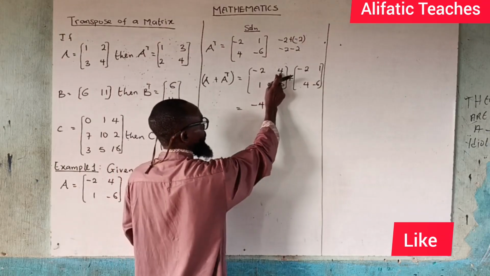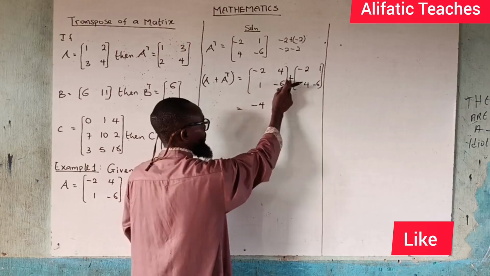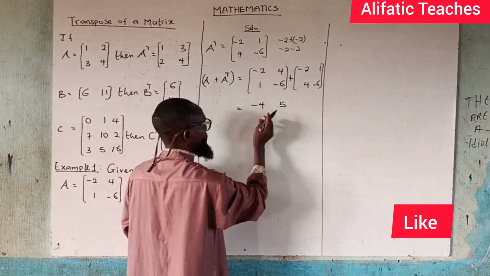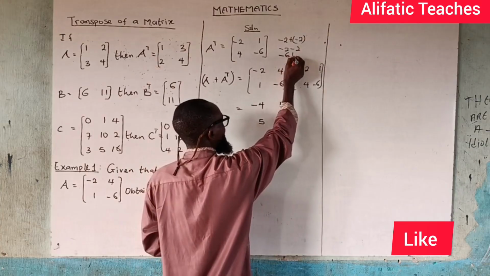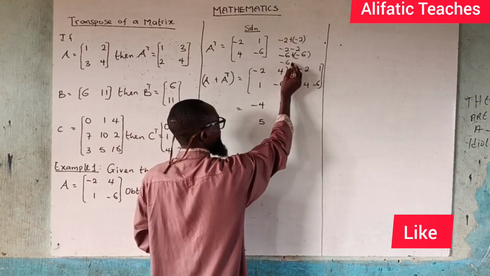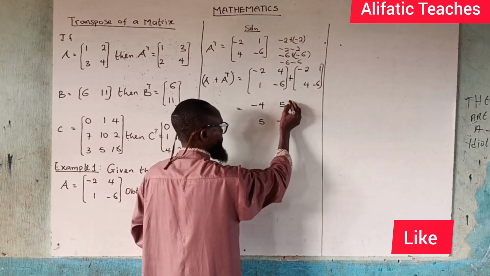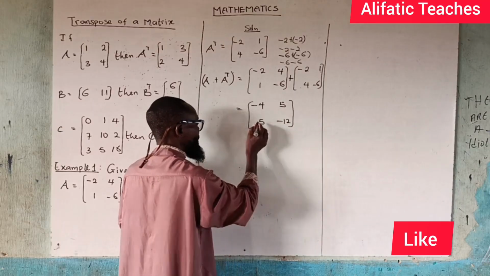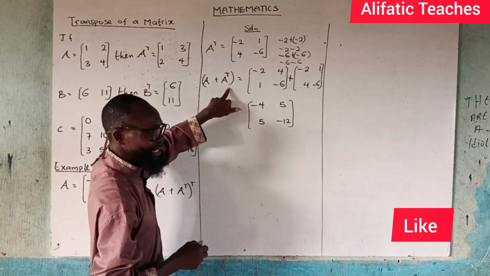Fine. 4 plus 1, 5. 1 plus 4, 5. Minus 6 plus minus 6. In brackets here, minus 6 plus minus 6. So minus 6 minus 6, minus 12. In this case, this is the addition of A plus A transpose.